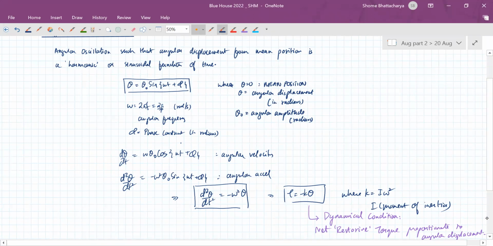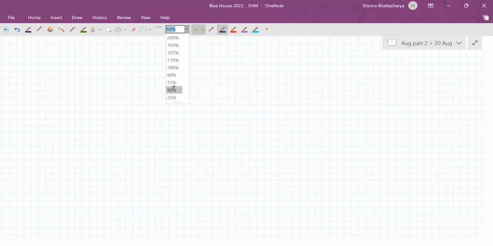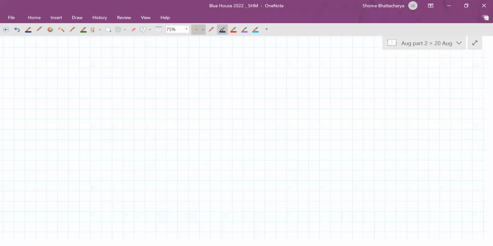Now we had seen the physical pendulum as the main example, but it performs angular harmonic motion under a special condition, and that is that the angular displacement should be small. So let's take a relook at that.